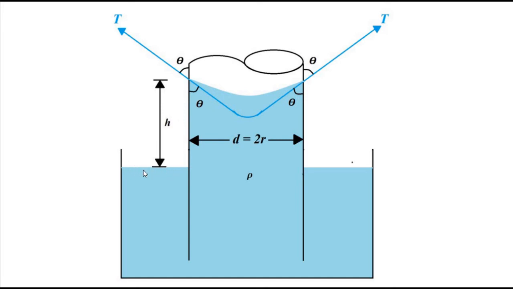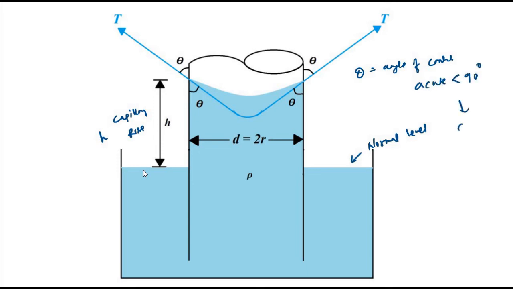Okay, so this is the normal level of liquid in the container, and this is the capillary rise h from the normal level to the point where the liquid is in the glass tube. Theta is the angle of contact, which is acute, less than 90 degree, and hence there is capillary rise.